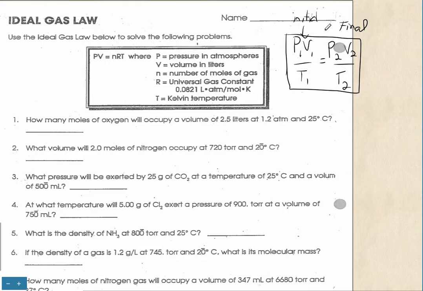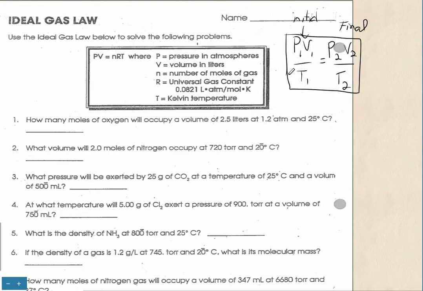It doesn't matter which unit you have as long as the volume units are the same. So if you have V1 as milliliters, V2 must be in milliliters as well. The same goes with P. It could be ATM, torr, mmHg, or kPa. However, for temperature, it must always be in kelvins.